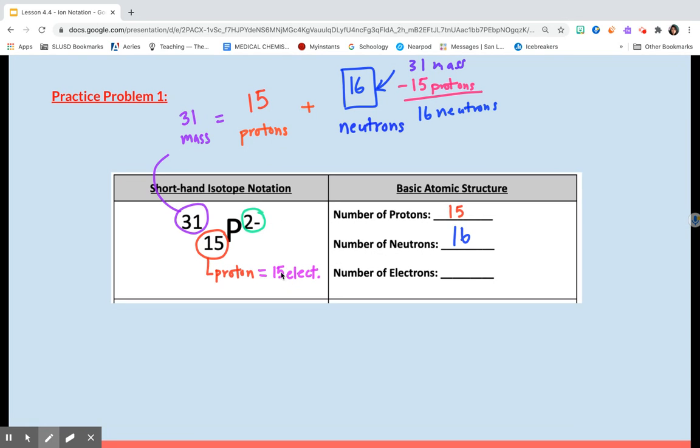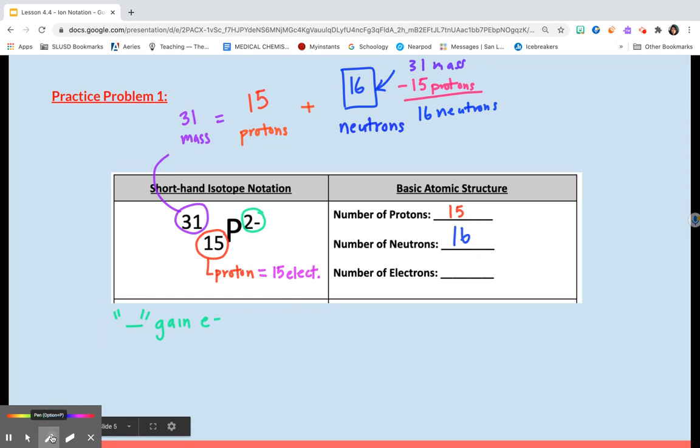So normally I would have 15 electrons, but remember that the minus means I'm gaining electrons, right? So it's kind of like the opposite.